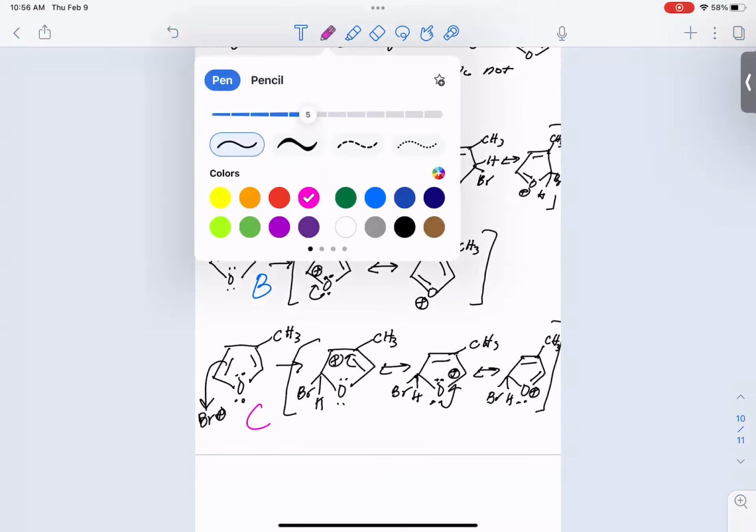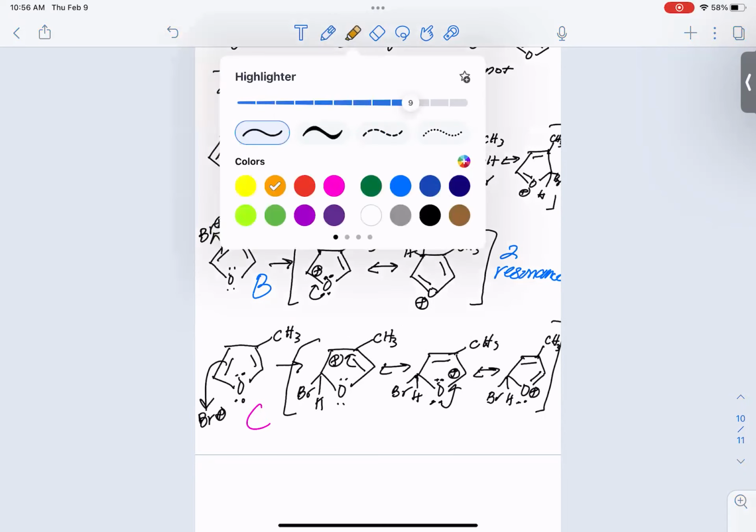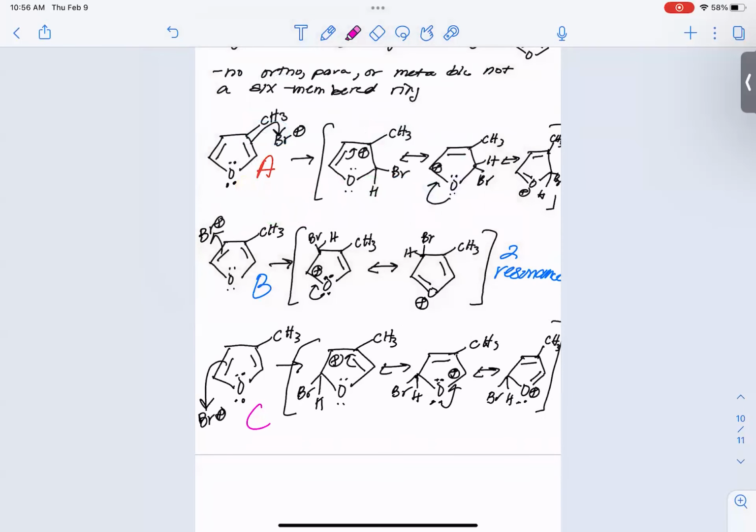Exactly. So we can automatically rule out B because there are only 2 resonance structures. If the major product's not going to be B, with A and C you have 3 resonance structures in both cases. It is this first one here that I drew that puts A over the edge. Oh, I should have done it in red, sorry.